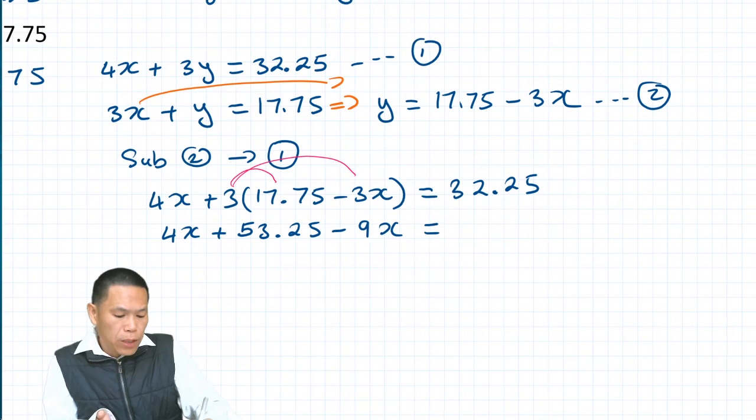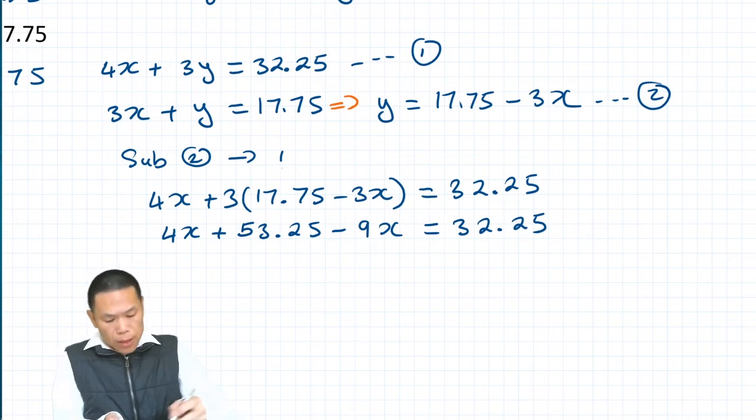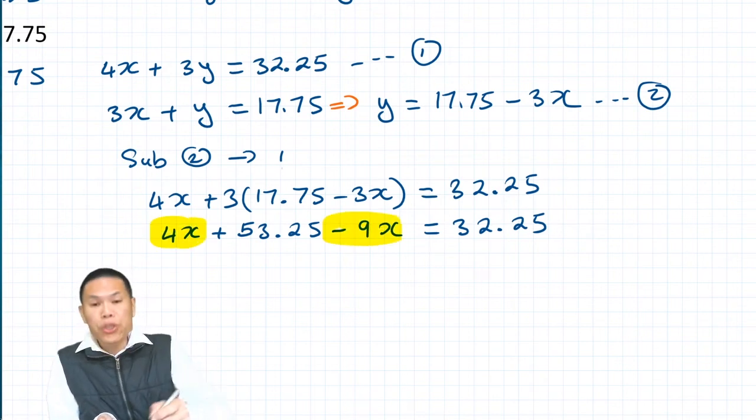So I just write this down, equals 32.25. Now I just collect like terms. So 4x minus 9x gives me negative 5x.